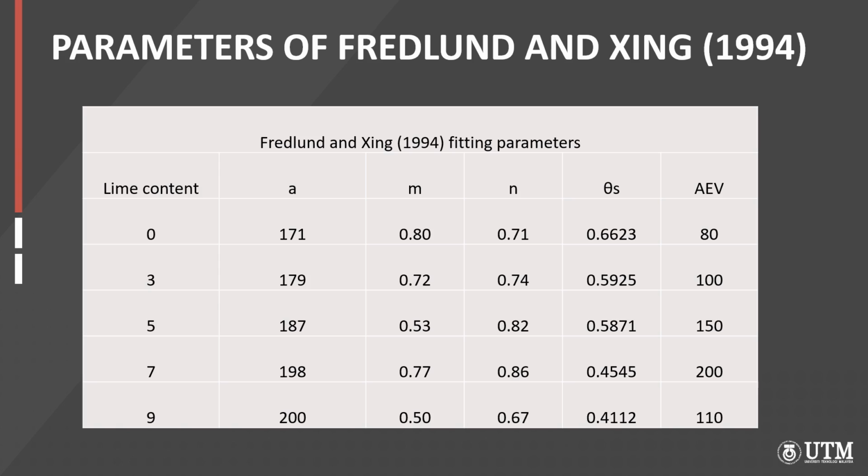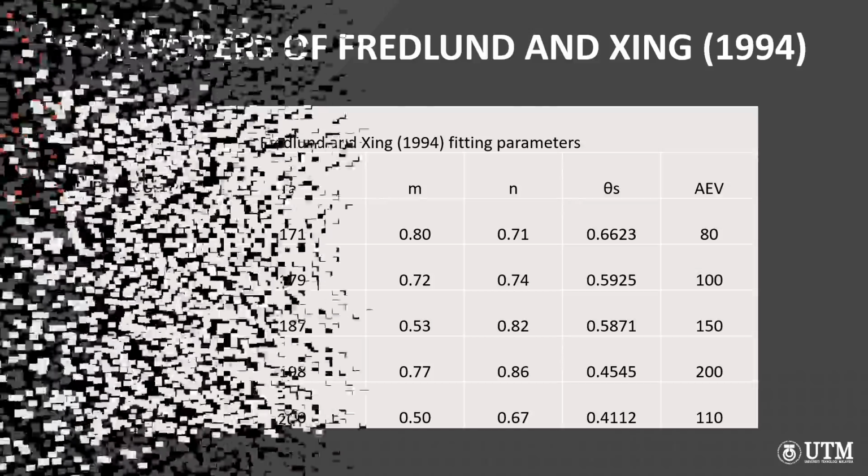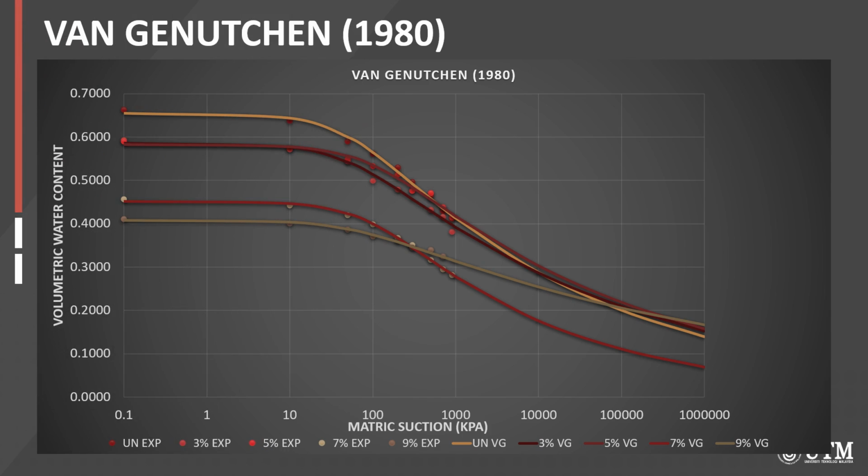As you can see in the slide, the values of a, n, and AEV increase with the addition of lime content, while the saturated volumetric water content, which is theta s, decreases as the lime content increases. This is the log graph that fits using the Van Genuchten 1980 model.